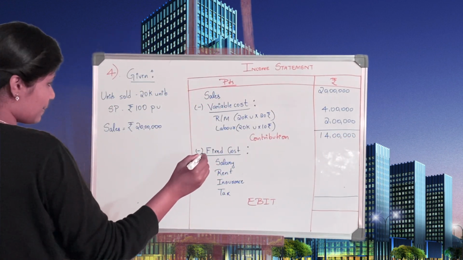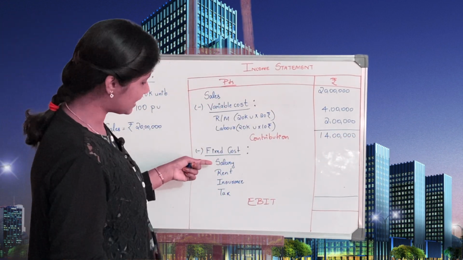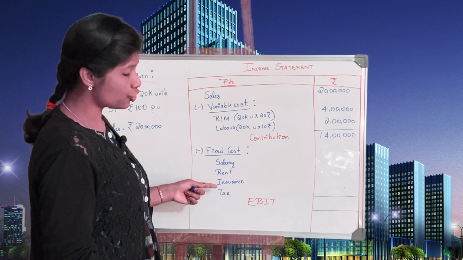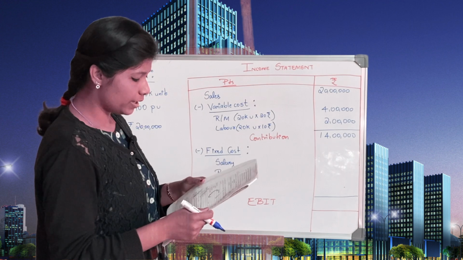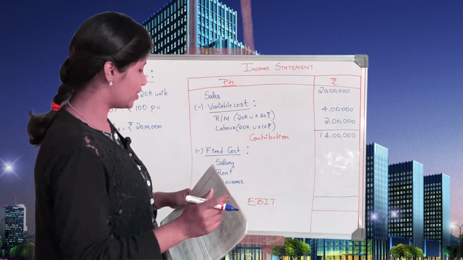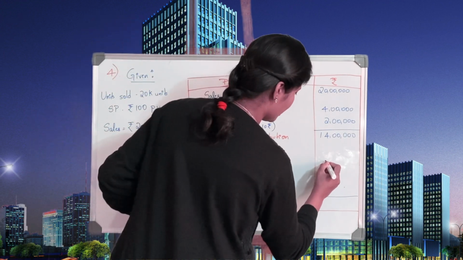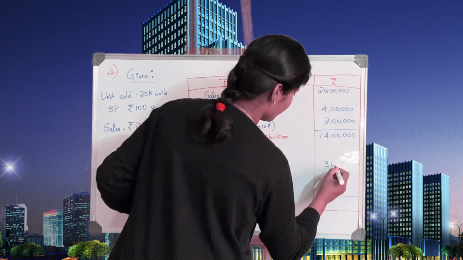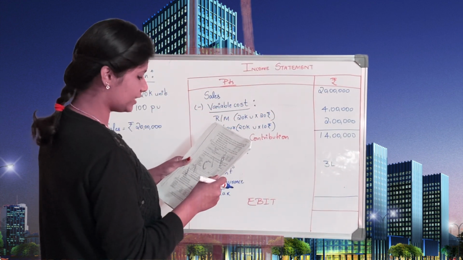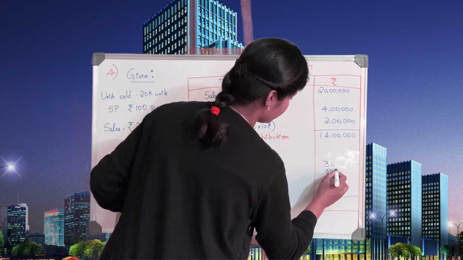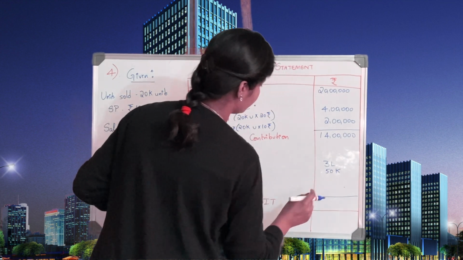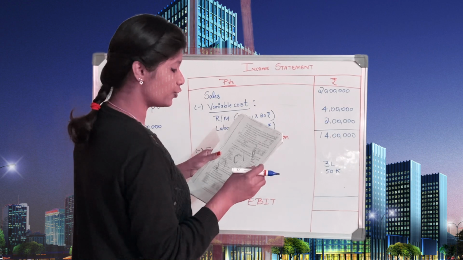So the next expenses given here are fixed costs: salary, rent, insurance and taxation. Now let's look at the salary expenditure, which is rupees 3 lakh. We'll just write as it is, 3 lakh rupees. Next, rent is 50,000. Insurance is 2,50,000.